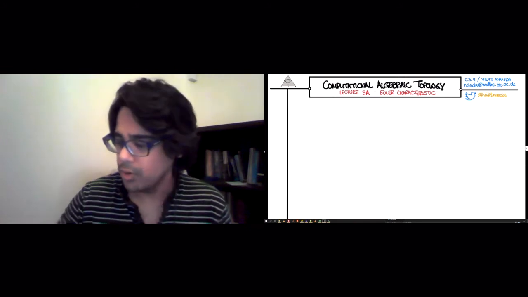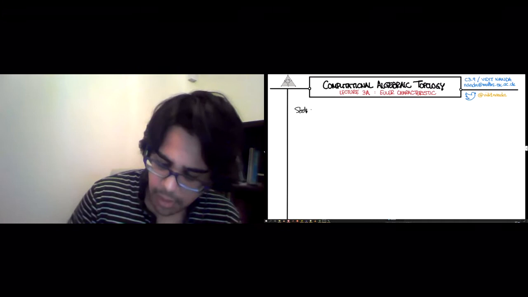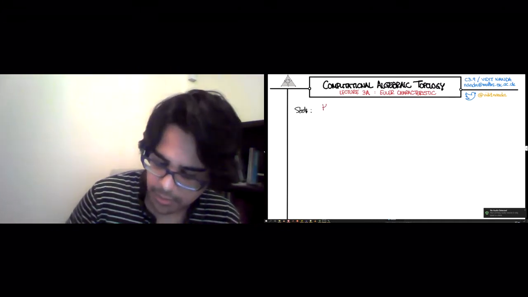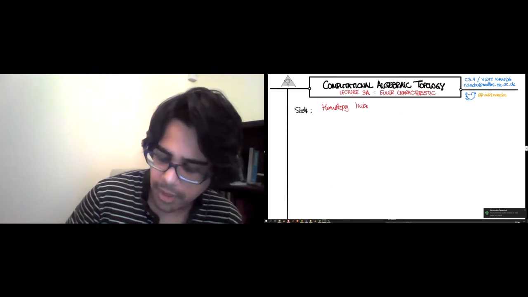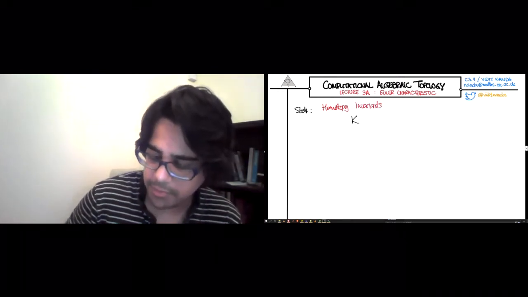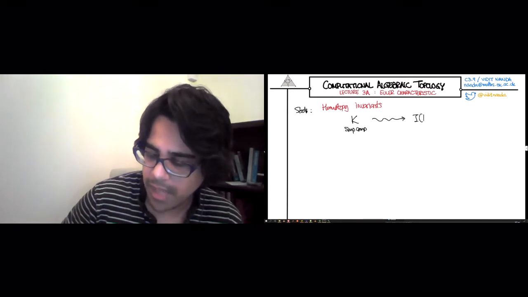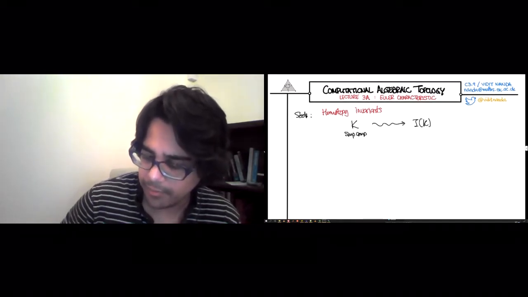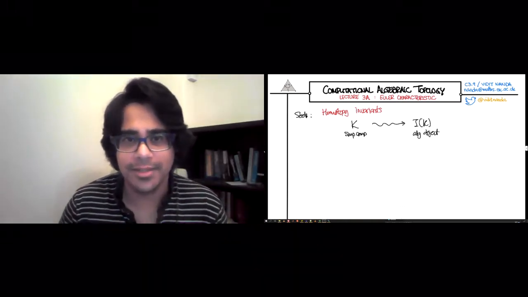And so what we're looking for are homotopy invariants for simplicial complexes. What that means is you want to take every simplicial complex, K, and assign to it some algebraic object, I of K. Of course, you can do this randomly, but that's not the point.